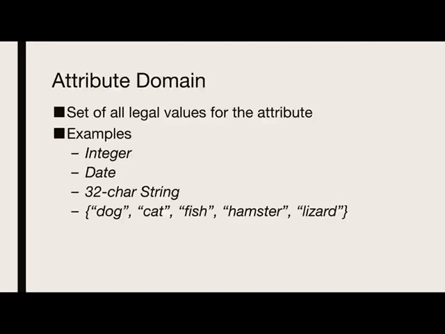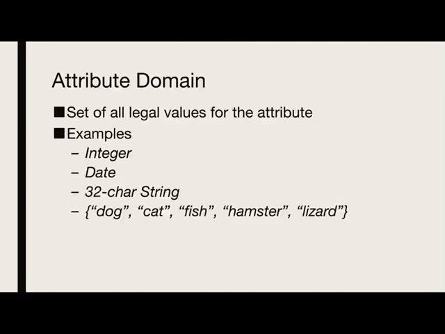So every attribute has a domain, which is the set of all the values that are legal for that attribute. An attribute domain is often just a data type, like integer or Boolean, maybe date, maybe variable string or fixed length string.